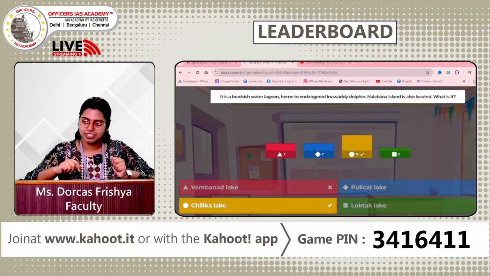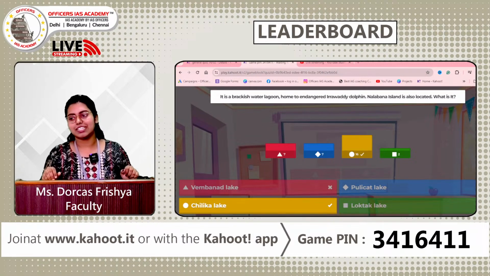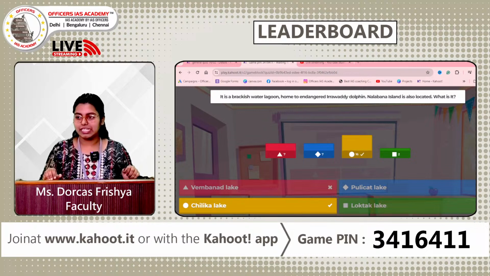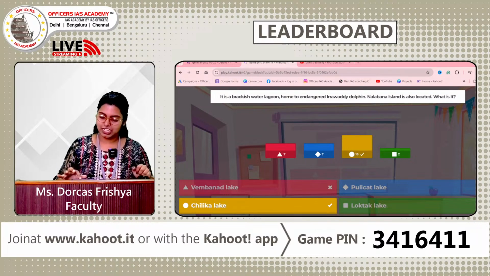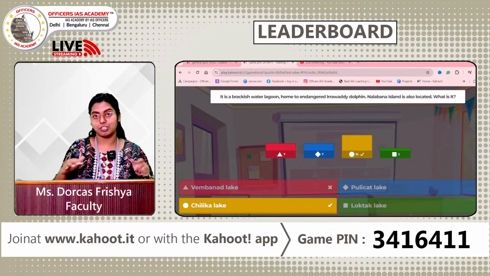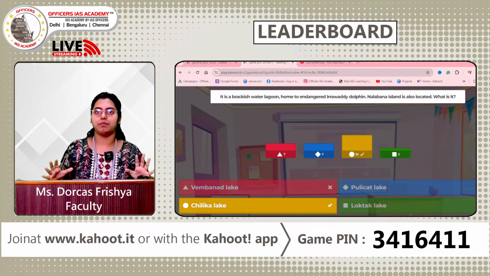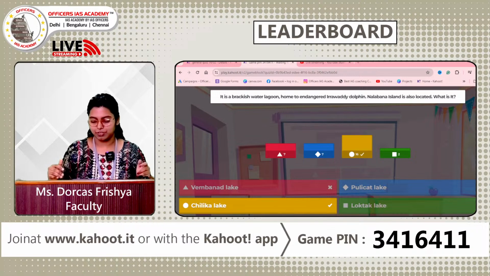So let's look at the answer now, and there goes your correct answer. Your correct answer is, yes, color code yellow, option C, that is Chilika Lake. Chilika Lake is Asia's largest brackish water lake, or I'll say a shallow lagoon. It is shallow in nature, and it is present in Odisha, the eastern part of India.